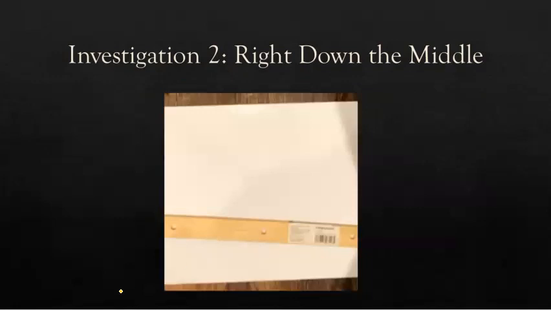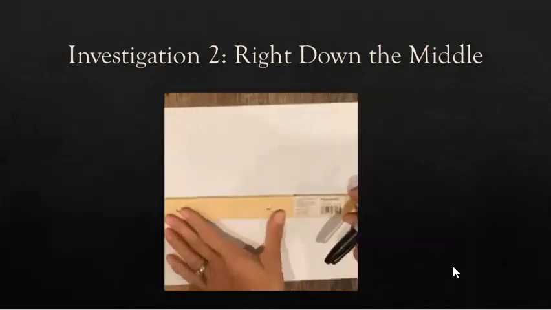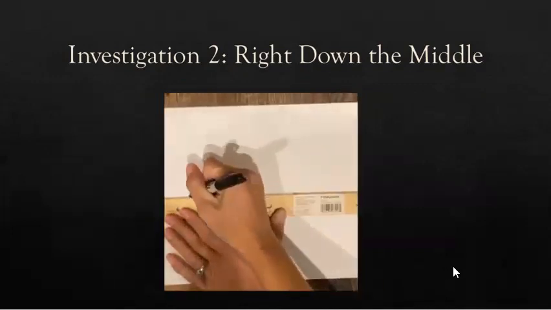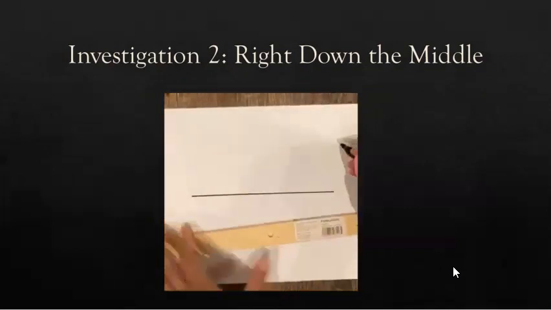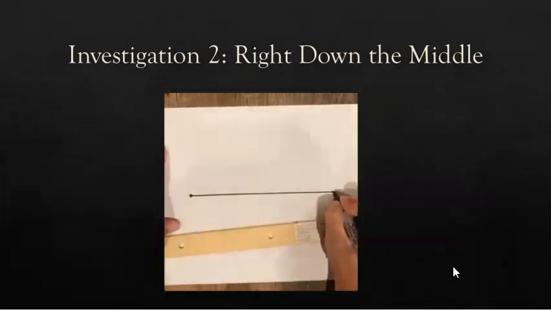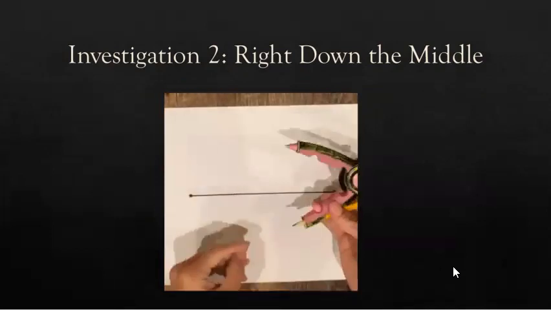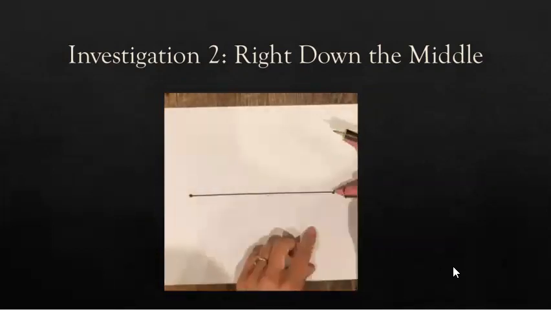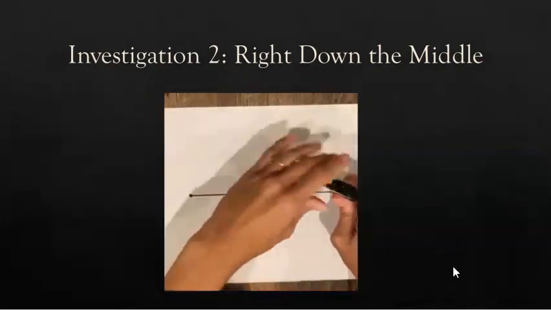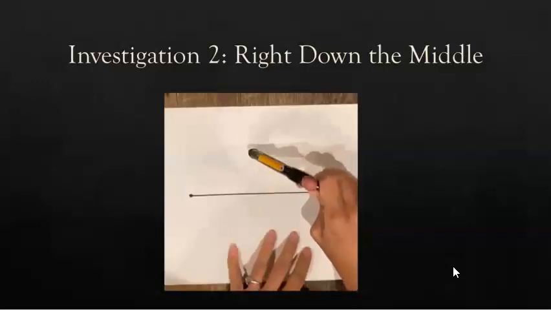So if you need help with this one, let's try this video. I'm going to start by drawing a line segment. And I've marked my endpoints. I'm going to use my compass, use an endpoint of one of the segments as the point of my compass, and then I'm just going to bring it out enough to make an arc.